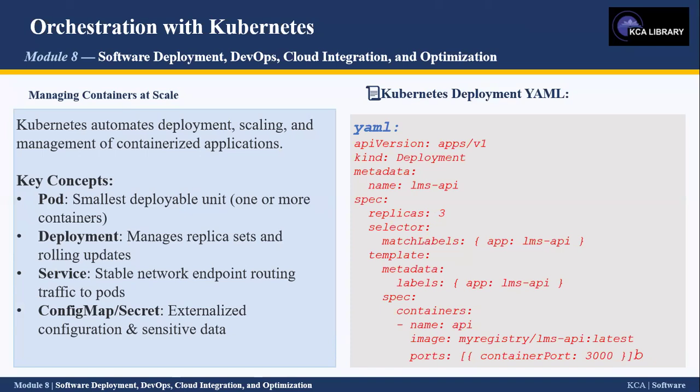Service, a stable network endpoint routing traffic to pods. ConfigMaps and Secrets externalize configuration and sensitive data. Example Kubernetes deployment YAML. With Kubernetes, you can scale from one replica to hundreds with a single config.